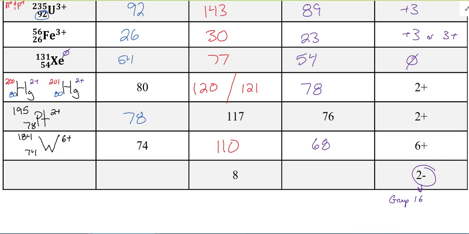Well, if I look, oxygen could have 8 neutrons, right? 16, 8, that works. Sulfur, 32 and 16, well, nope, too many. And they keep getting more and more. So this is probably oxygen. 8, 16, 2 minus. So, of course, it has 8 protons and 10 electrons.